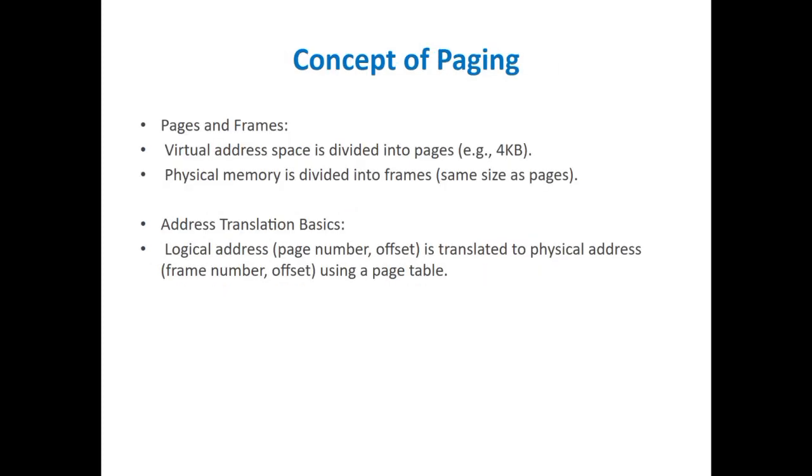Concept of paging. There are pages and frames. Virtual address space is divided into pages, for example 4 KB. Physical memory is divided into frames, the same size as a page, which means the size of a page and the size of a frame are the same.